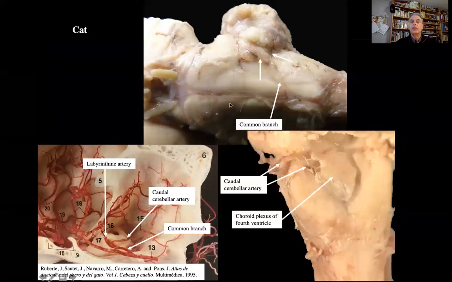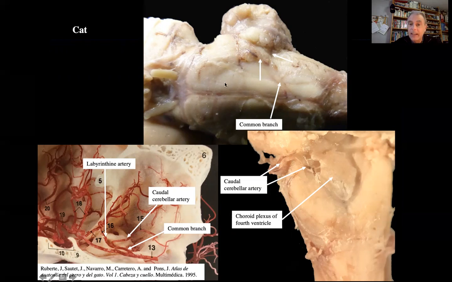And what's going to happen in the cat? Very similar. This is a very nice image from this book. We have the basilar artery and as you see, a common branch from the basilar artery splits into the labyrinthine artery and the caudal cerebellar artery.